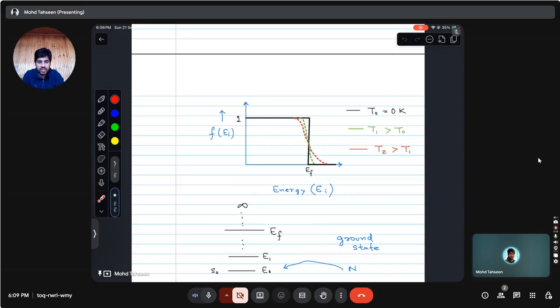only the electrons, the fermions present in these energy levels, respond to this change of temperature, and not all the electrons respond to the change in temperature as predicted by the Maxwell-Boltzmann statistics.